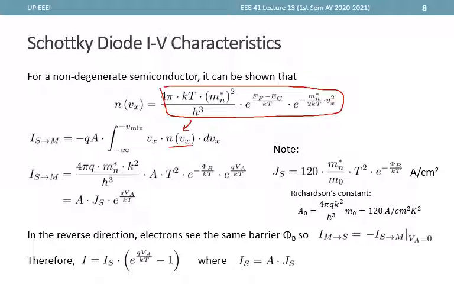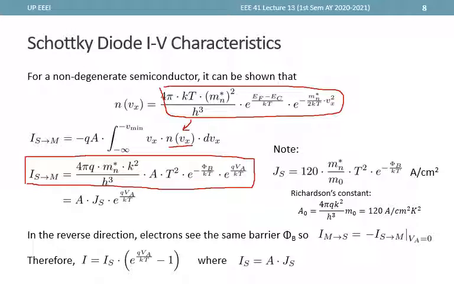Now the result of the integral is actually equal to this one, where we see some constant multiplied by EQVA, which simply tells us that when we increase the applied voltage, then more electrons are able to cross the barrier.